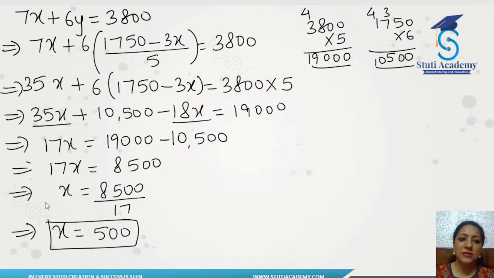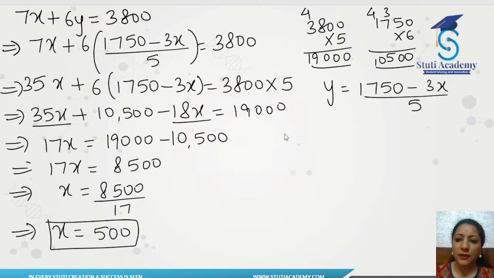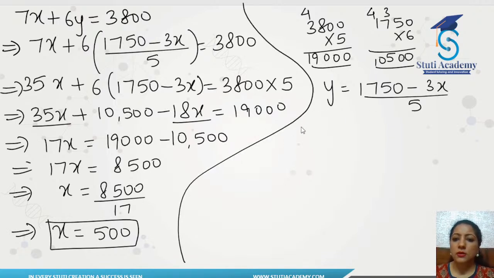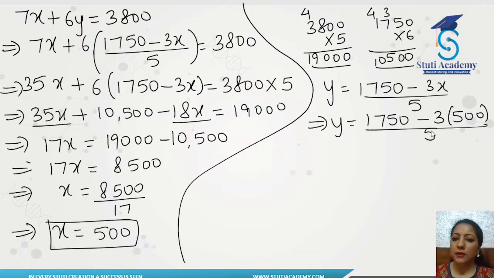I'll take this value of x equal to 500 and I'm going to put it in, let's say, the third equation. So the third equation I'm writing here, y is equal to (1,750 minus 3x) over 5. I will put this 500 here. So let's see how much do we get. So we'll get here y is equal to 1750 minus 3 times of 500 over 5.